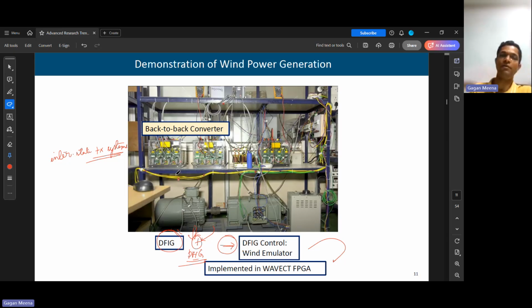And then this DFIG is interfaced with the grid through this back-to-back converter. One is the rotor side converter and one is the grid side converter.